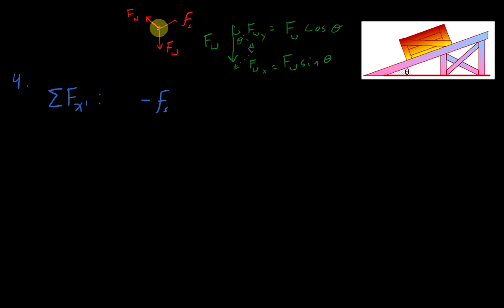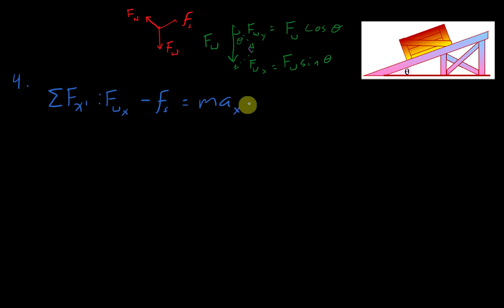And anything acting down the ramp? Yeah, this component, Fwx. That is acting down the ramp. So Fwx down the ramp, which was what I called the positive, minus Fs, that equals ma. This is the acceleration down the ramp.